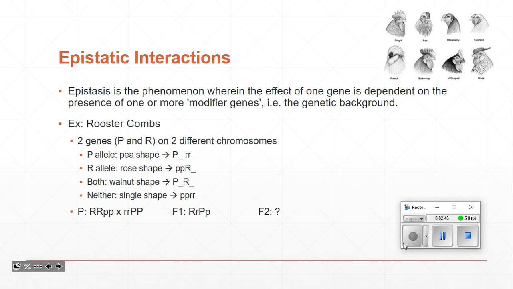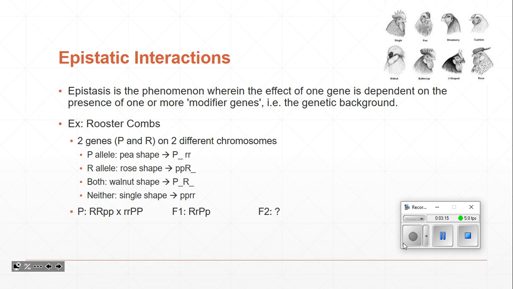If the rooster has just the dominant R allele, but doesn't have a copy of the dominant P allele, it will have a rose-shaped comb. That's that kind of fancy one down there at the bottom. If the rooster has both dominant alleles, instead of having a P and rose shape, it'll have a different shape called a walnut shape. And the walnut is this very pompous looking one over there on the bottom left.